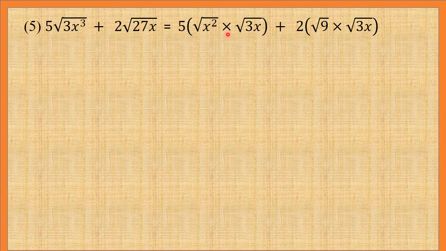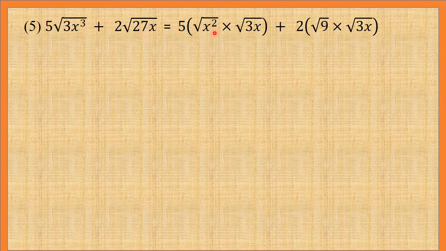Or multiply this and that, it will give us back 3x^3 plus 2 multiplied by root of 9 by 3x. 9 by 3x gives us back 27x.